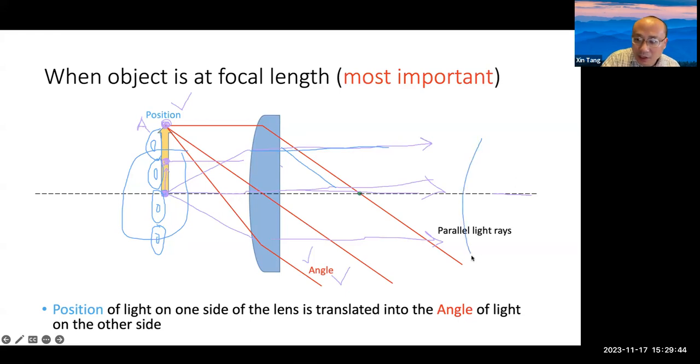Then you have an objective here. You always have an objective. So the objective will never be able to collect those red light anymore, right? So they will lose the information of the cell far away from the focal point, right?